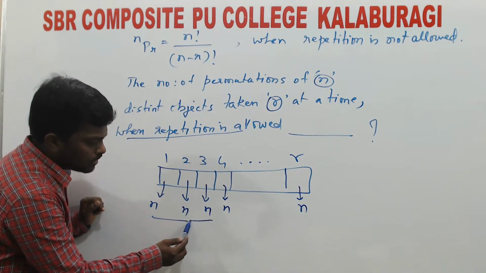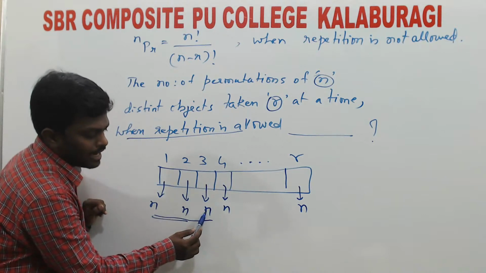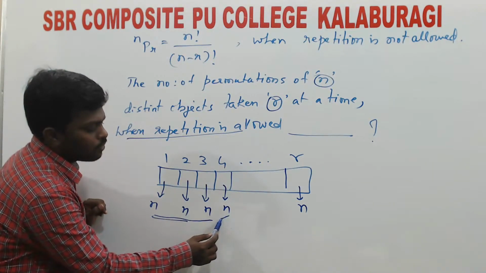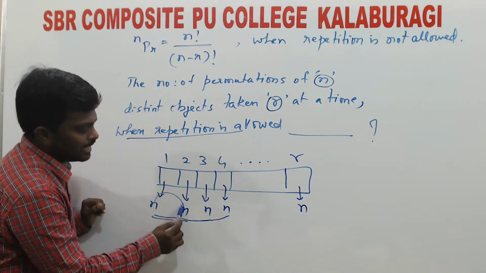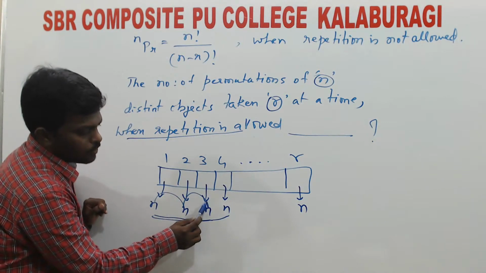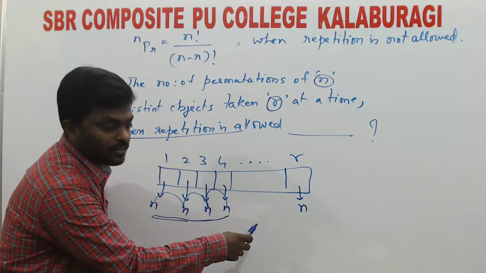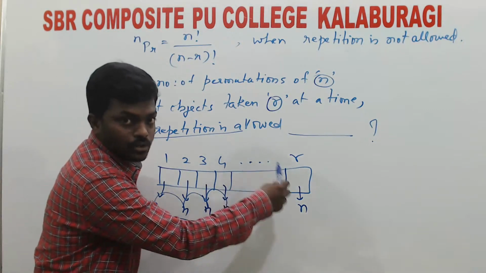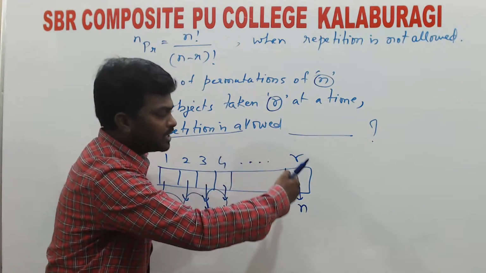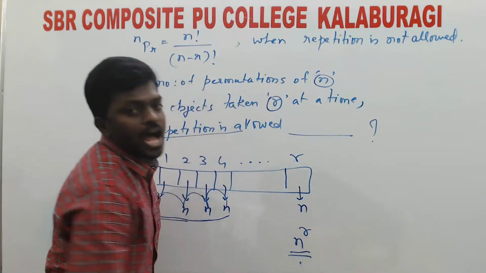If we consider three boxes, it will be n cubed. For four boxes, n to the power of 4, then n to the power of 5, and so on. Up to the rth box it will be n to the power r.